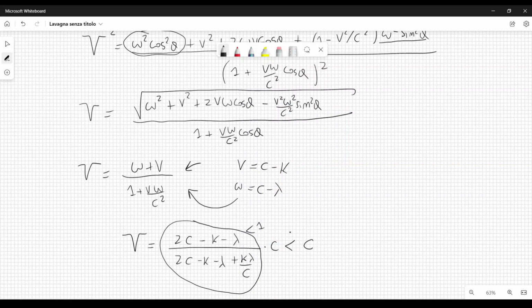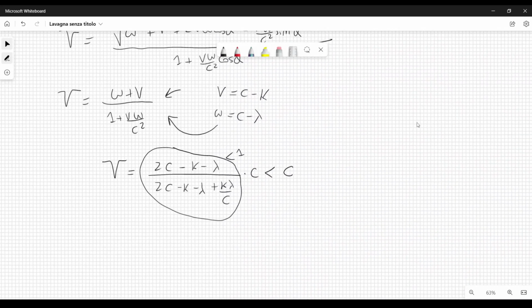And also, if one of the two velocities here, omega or v, is equal to c, you can check that this composition will still give us something that is not greater than c. So let's assume, for example, that omega is equal to c.